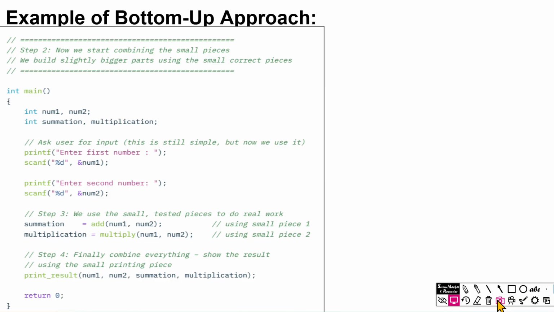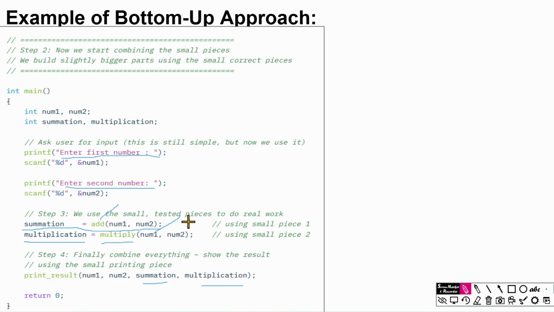Here we will be taking inputs, the first number and the second number. If I need a summation, I will call the add function with number one and number two. If I need multiplication, I will call the multiply function subprogram, transferring the entered number one and number two, and I will obtain the multiplication. Finally, I will print the summation and multiplication values in the main program.